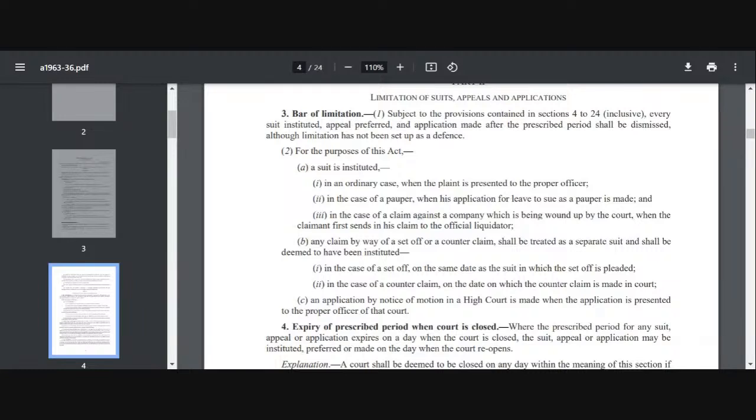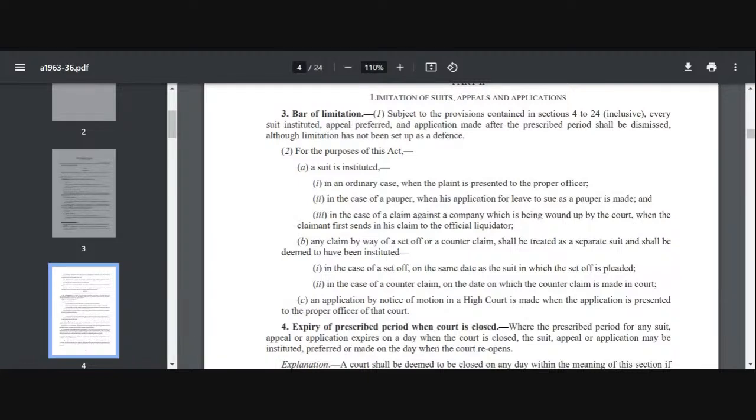Yes. So it says that you can file your suit on the day when the court reopens, if on the last day the court is observing some kind of holiday for some reason, right? So this is based on two principles.